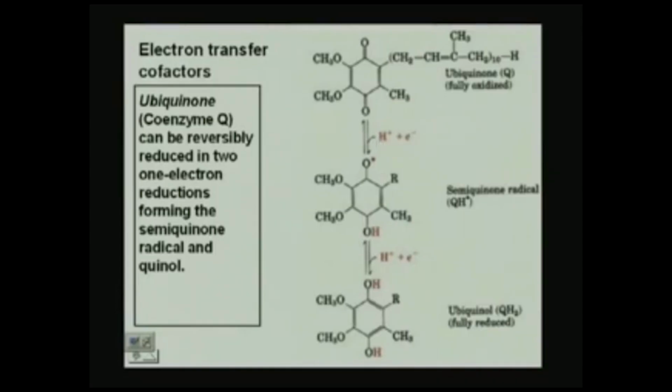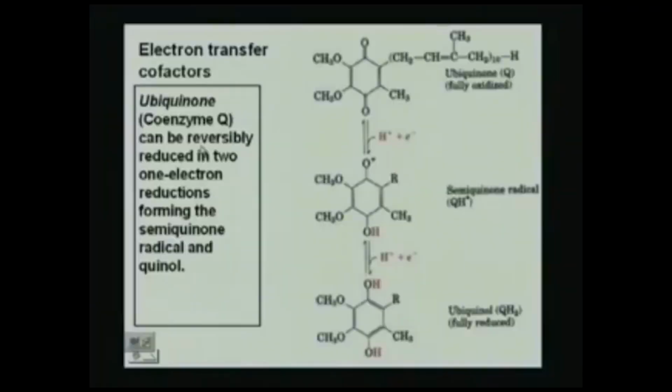Okay. So, we have the ubiquinone go to the semiquinone, which subsequently goes to the ubiquinol because of its uptake of 2 electrons in 2 steps. That is important. It is not like the other cases where 2 electrons are taken up in a single step. We have 2 electrons taken up in this case, but in 2 different steps. So, it is useful when we get into the reactions that are actually going to be taking up the protons and the electrons for the transfer of the protons from where?